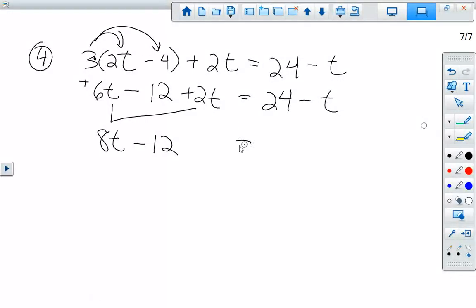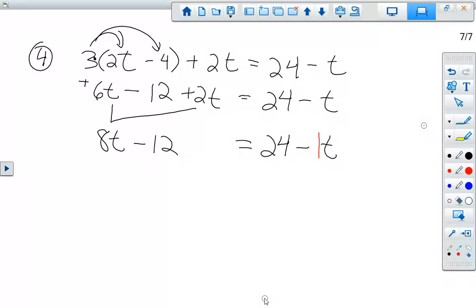Right? Over here, I'm just bringing down the 24 minus t. Now, what is that minus t really? How many t's is it? 1. So there's an understood coefficient of 1. It's not in place of the t, it's in front of the t, kind of reminding you that's 1t that's negative, okay?